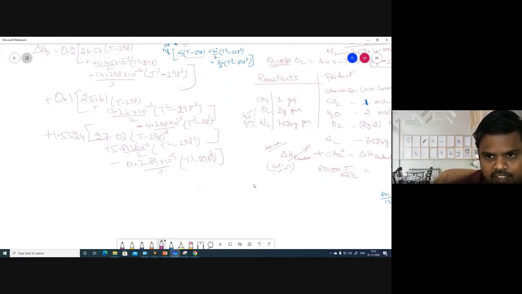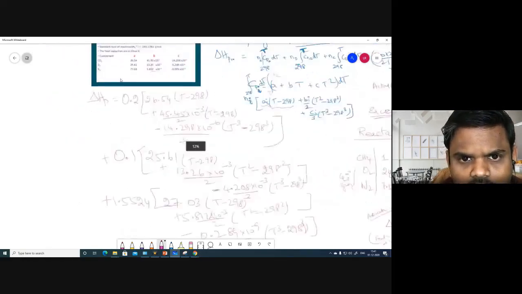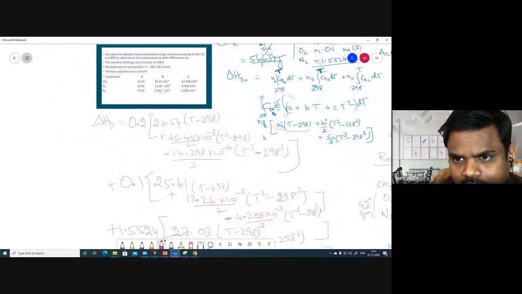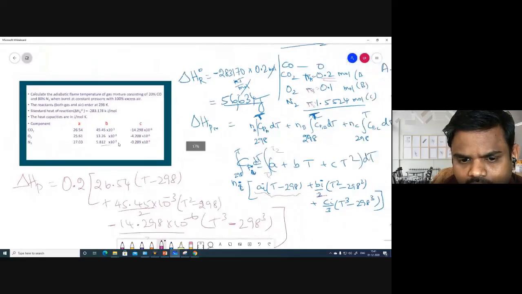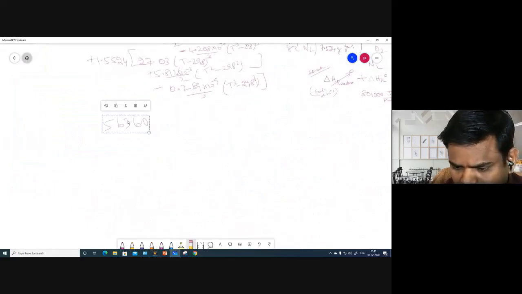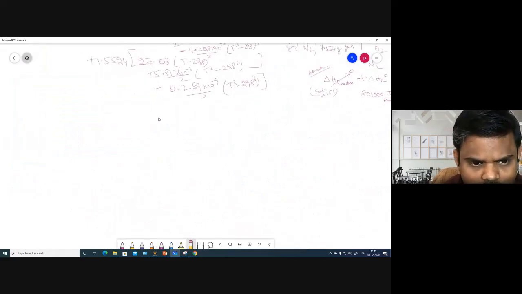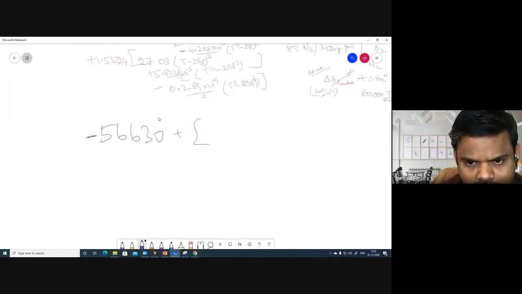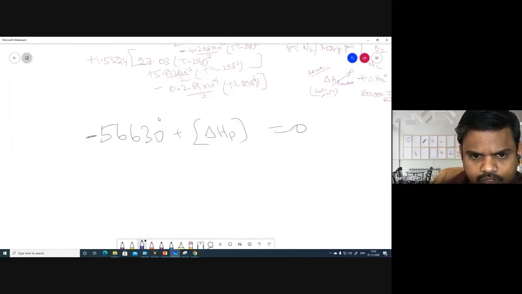How much have we calculated delta H of the reaction? 56,634. So 56,634 (with the appropriate sign) plus this delta H of the product is equal to 0.